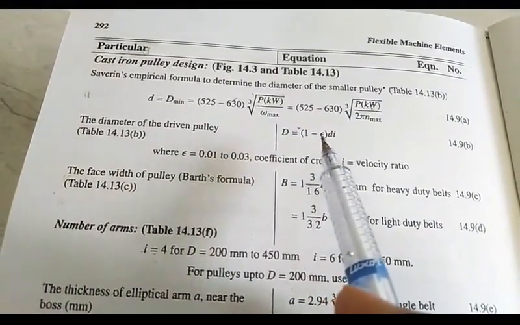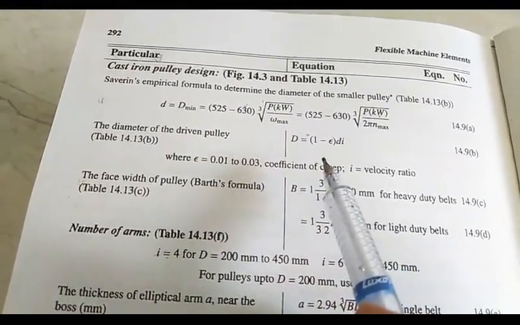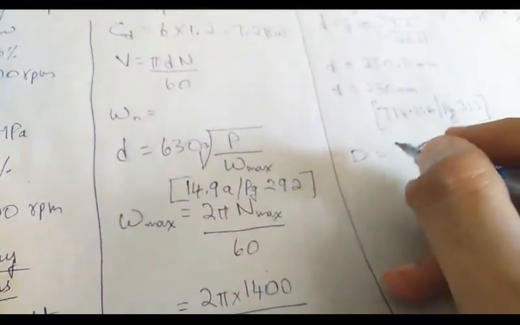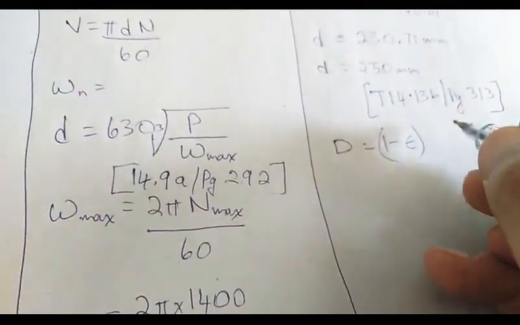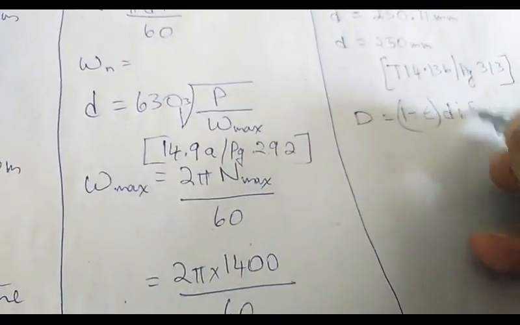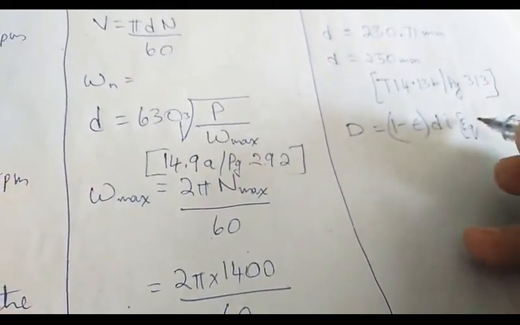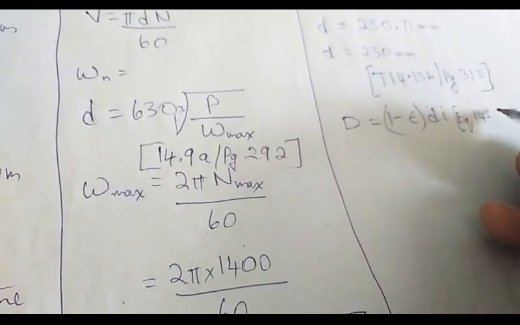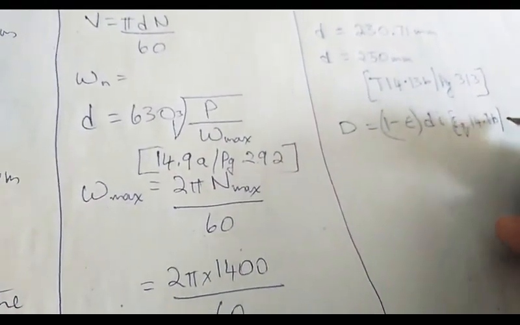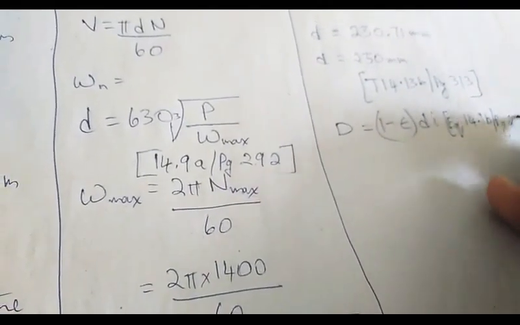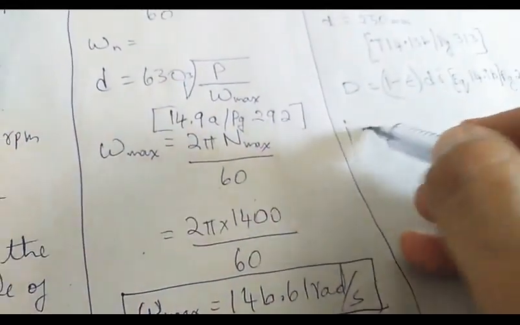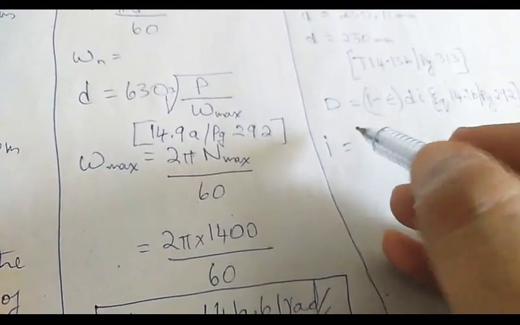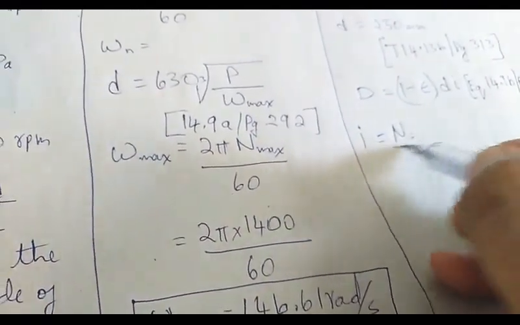Epsilon is the percentage slip given in the question, and i is the velocity ratio, ns by nl.